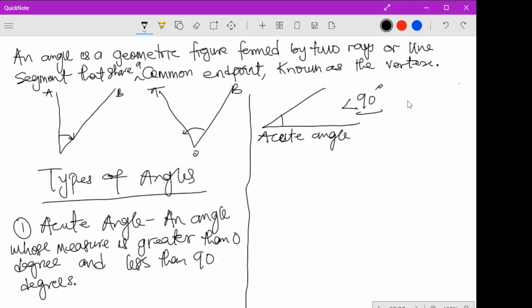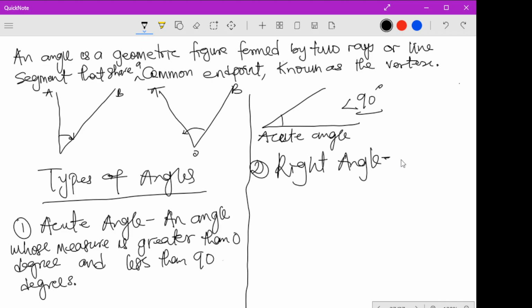So now we also want to talk about another type of angle. We call it a right angle.